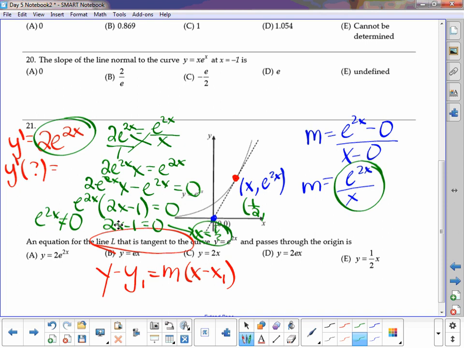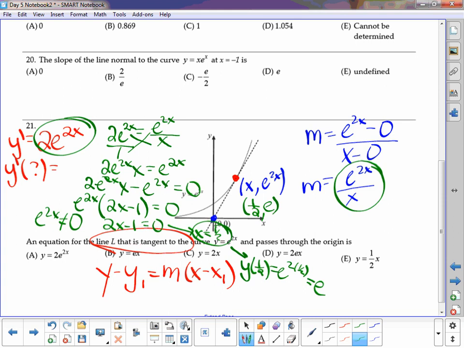I will need to put my derivative in for the slope, but to find my y value for the point, I'm just going to put it into my original. So we have then at 1/2, e to the 2 times 1/2, which is just e. Are we good with that? Okay. So my point is 1/2 comma e.